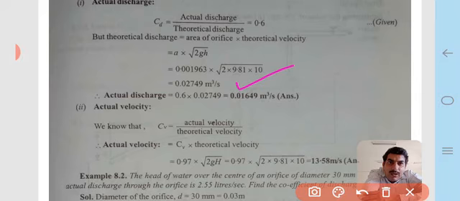Actual discharge is the theoretical discharge multiplied by 0.6, and therefore the actual discharge is 0.01649 meter cube per second. That is the actual discharge of the orifice.